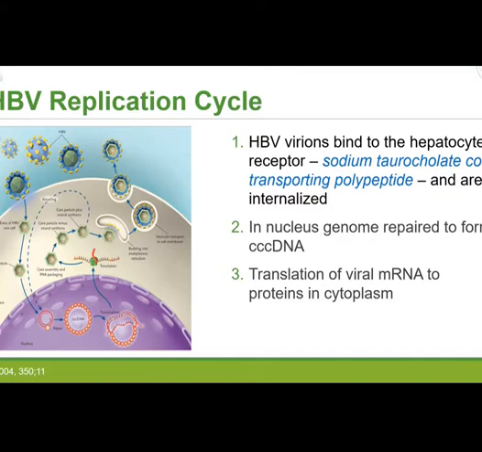In the nucleus, the genome forms a covalently closed circular DNA, and then the viral messenger RNA is translated to proteins in the cytoplasm. Here you can see that it is just opened, and the messenger RNA is now going to encode proteins, as we have talked about: surface antigen, E antigen, protein X, and core antigen.